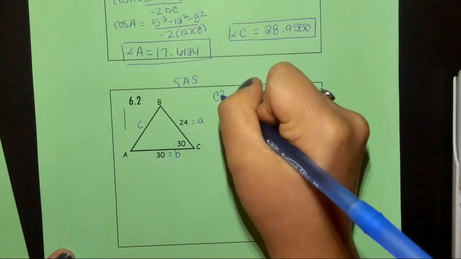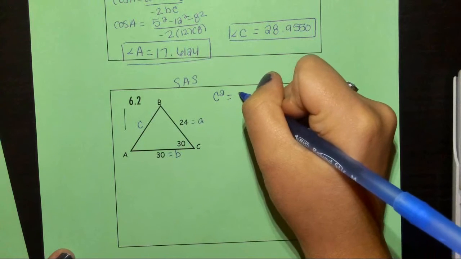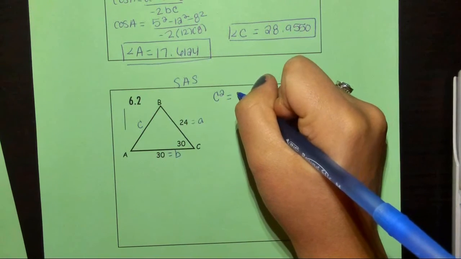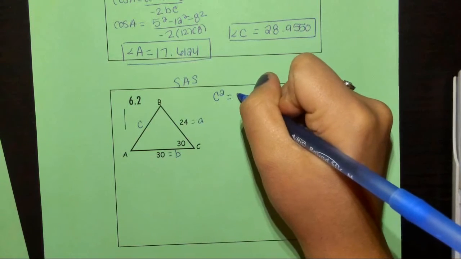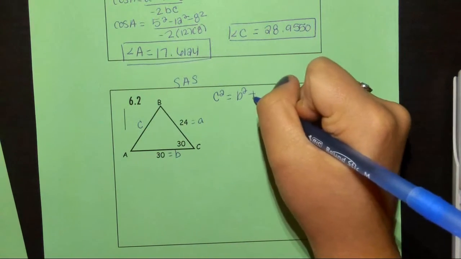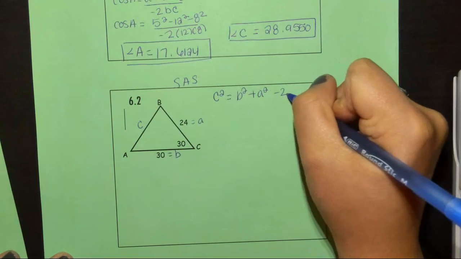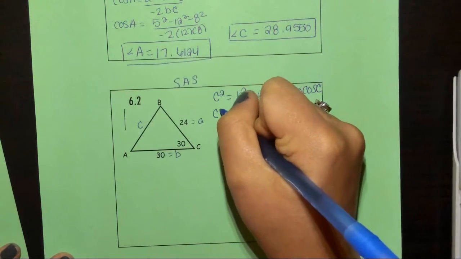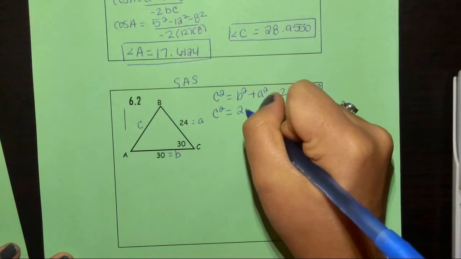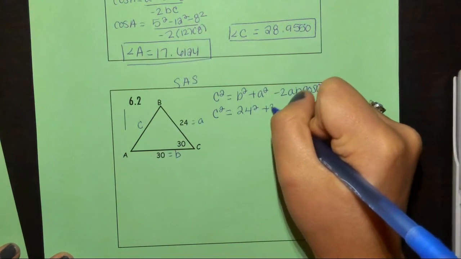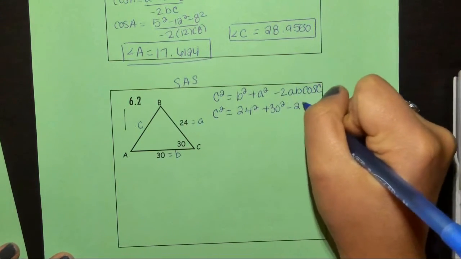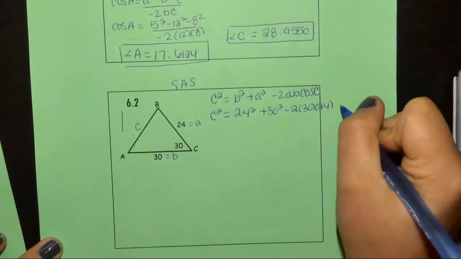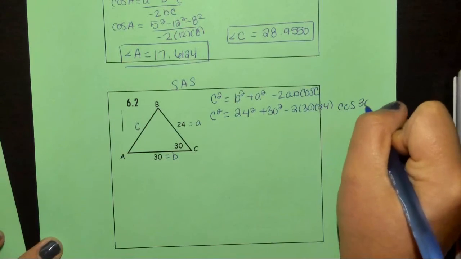So we'll have C squared equals B squared plus A squared minus 2AB cosine C. So 24 squared plus 30 squared minus 2 times 30 times 24 cosine 30.